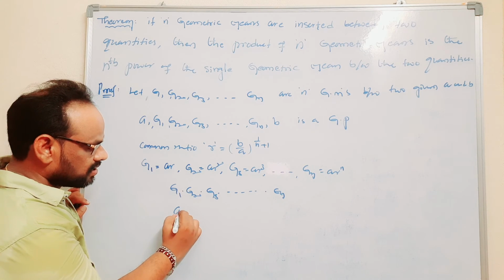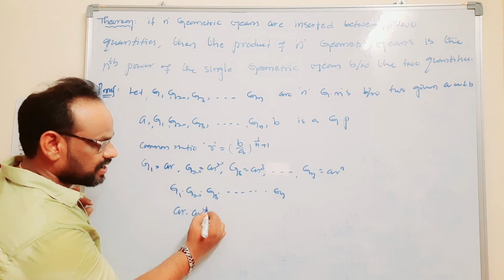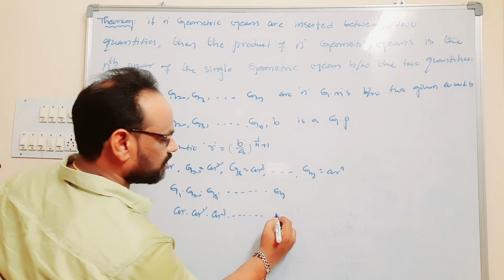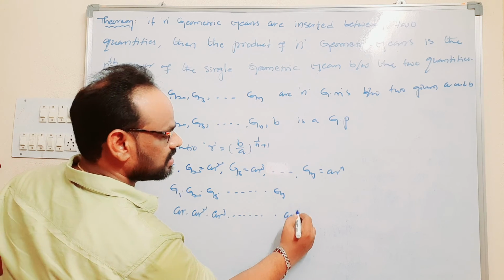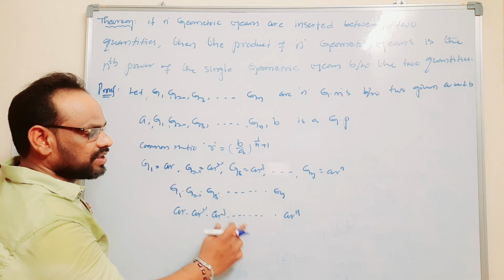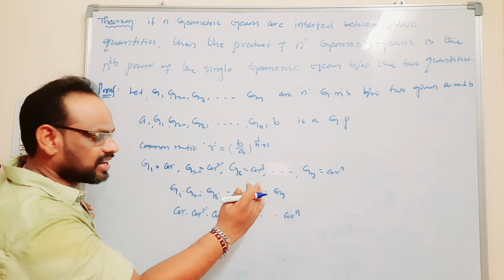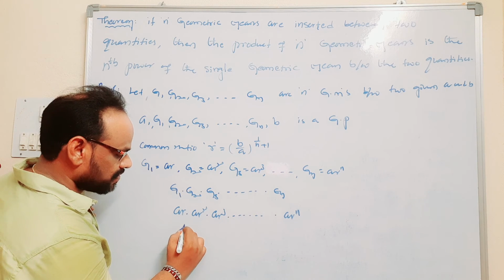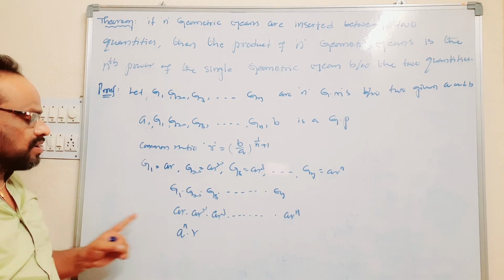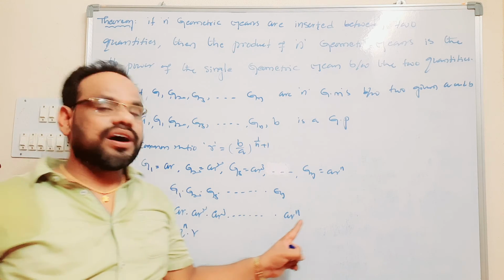G1 is AR, G2 is AR square, G3 is AR cube, and so on, Gn is AR power n. Here A into A into A and so on, n times, can be written as A power n. Observe here, R power 1, R power 2, R power 3, and so on, R power n.